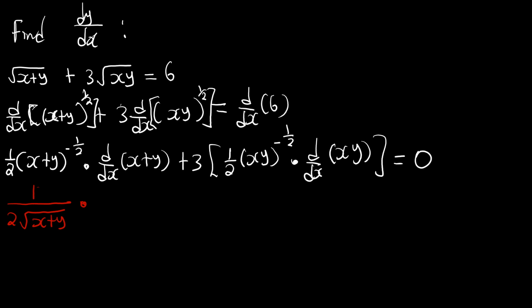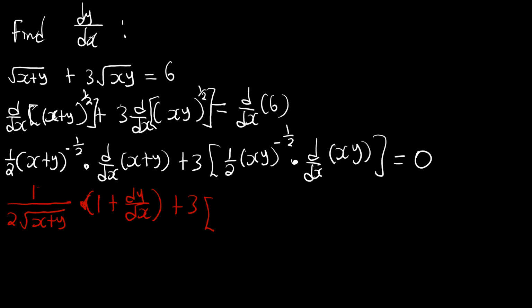The derivative of x is 1, and the derivative of y is dy over dx. Plus, we have 3 outside there. You can still multiply this 3 with 1 over 2, but let's do that later.